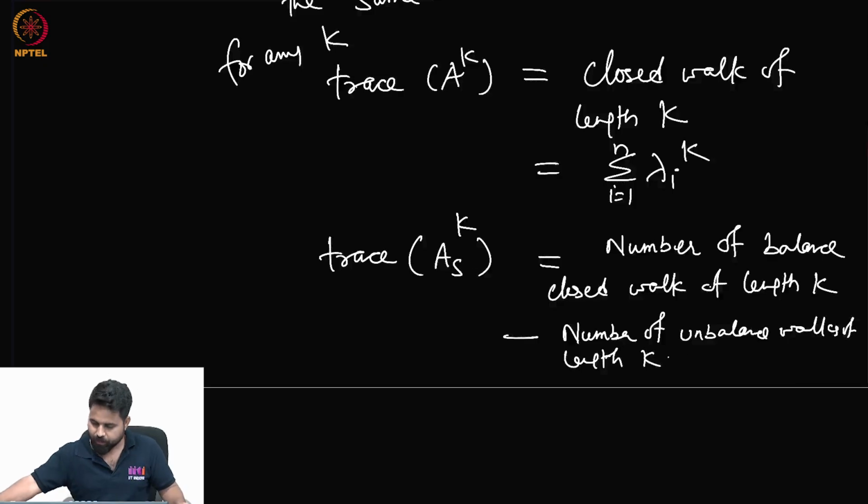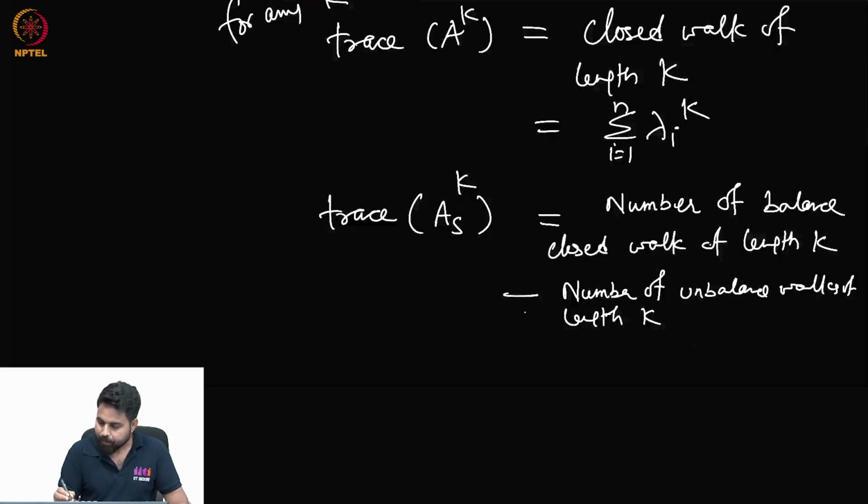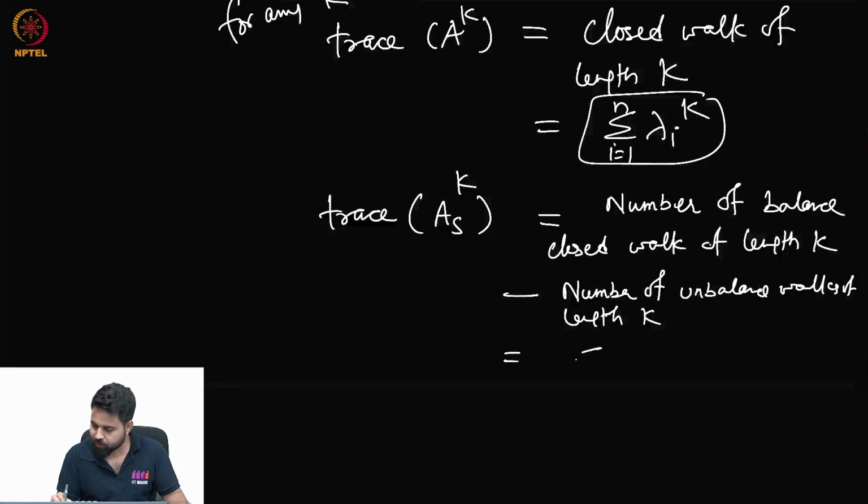This is very easy. Now, due to the spectral theorem, this is also given by the same quantity, the summation of lambda_i to the power k, i equal to 1 to n.